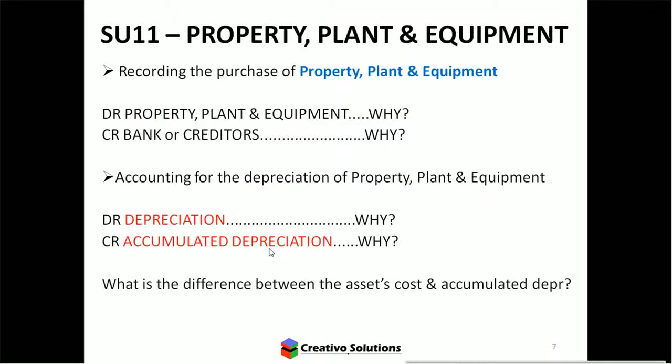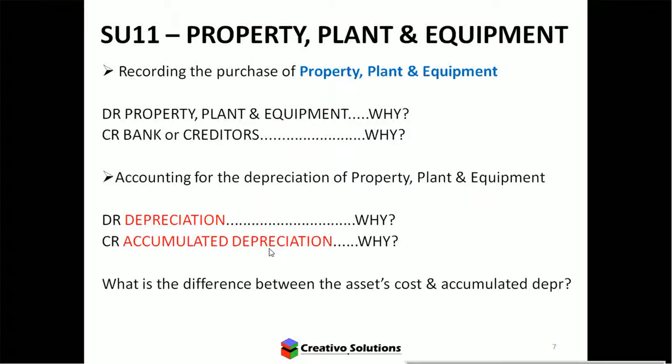Right, this you've seen before. You know how to account for depreciation. Tell me the why for the first two. So I've got debit property, plant, equipment, credit bank or creditors. Why do I do that? What's the transaction? Buying or selling? Assets. Buying or selling? Oh, buying. Good. How am I buying those assets?